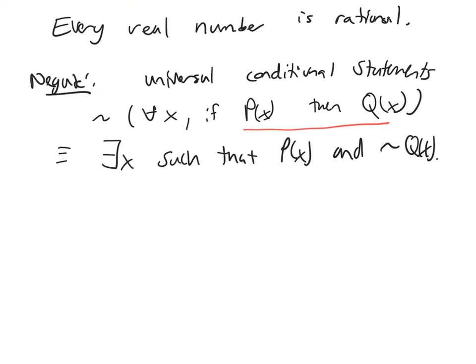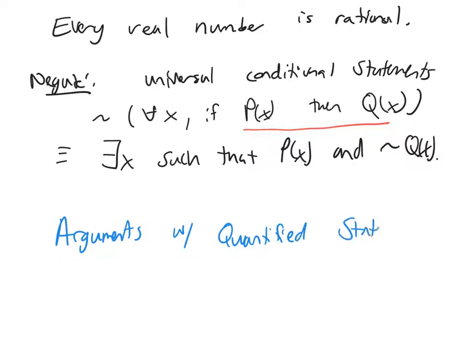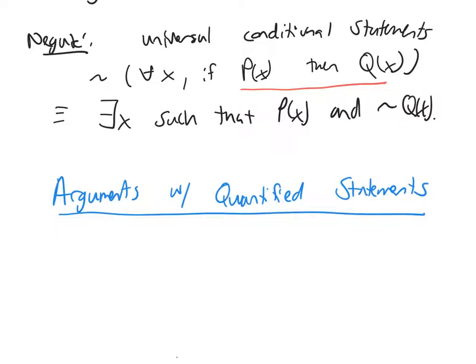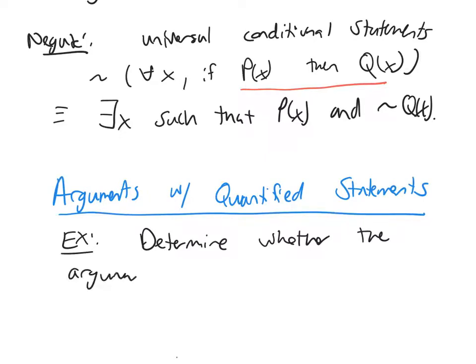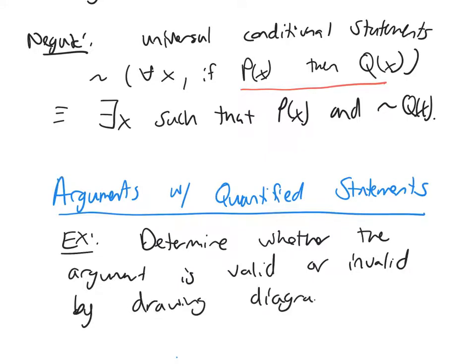The last thing we're going to talk about is arguments with quantified statements. We're just going to look at an example here. Determine whether the argument is valid or invalid by drawing diagrams.